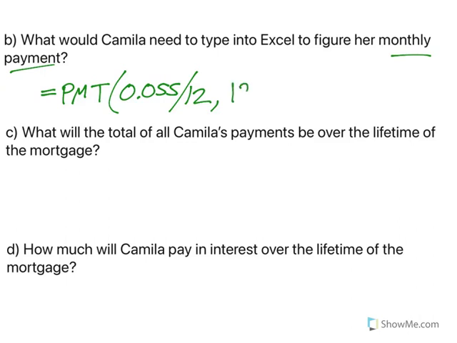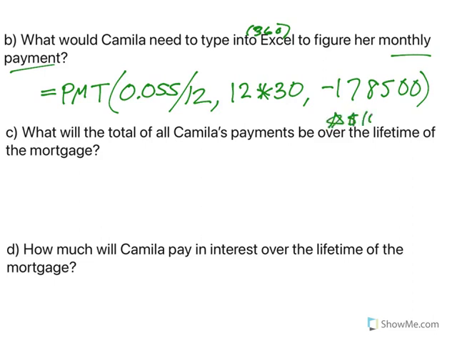Well, I make 12 payments a year, and I'm going to do that for 30 years. You could also just type in 360, up to you entirely. And I'm borrowing $178,500. When you type that into Excel, it's going to give you a monthly payment of $1,013.50.